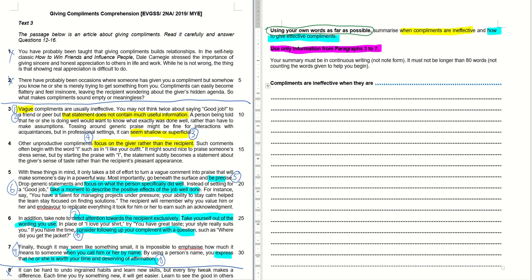So vague. What are the synonyms for vague? So there is ambiguous, there is unclear, unspecific. So which one should I select?